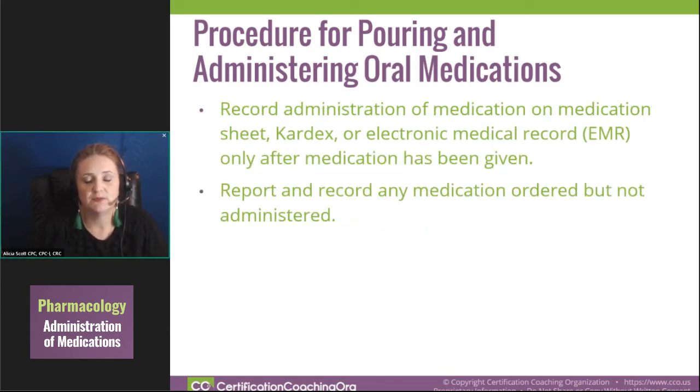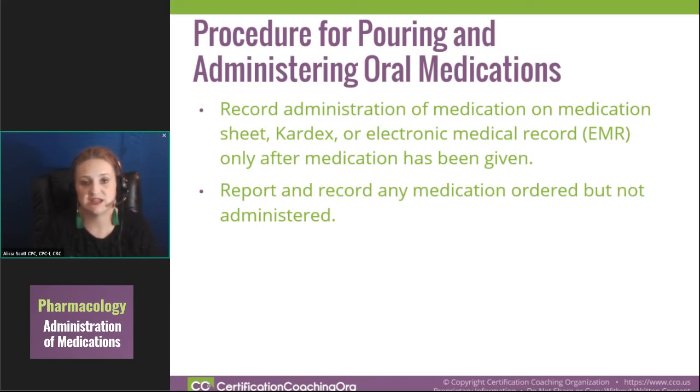When you record that the patient has taken the medication, you only record after it's actually been given. There are scenarios where you go in to give your patient their antibiotic, and something happens, they go to the bathroom, you set it there, you walk away, and they've missed that dose because you didn't watch them. They knock it off the counter, or they cover it up with their meal tray.